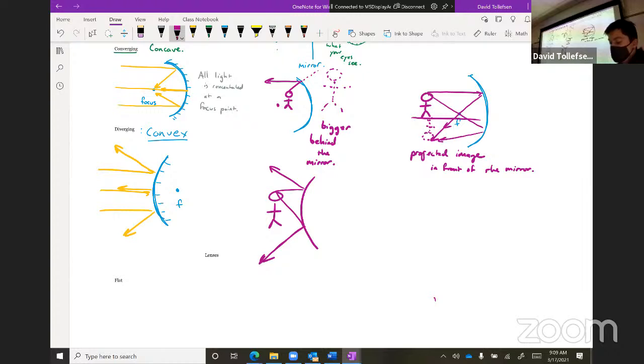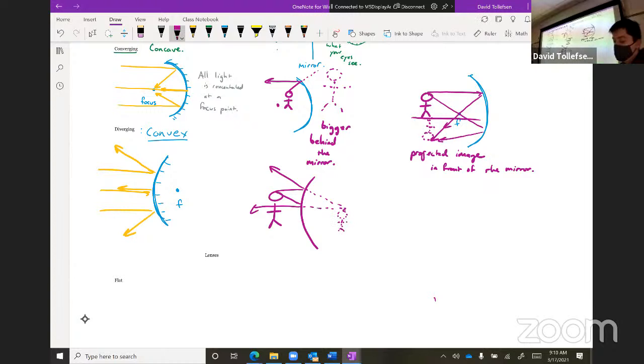And remember that our eyes don't see that way. So the light coming back and being traced actually makes it look smaller in the mirror.